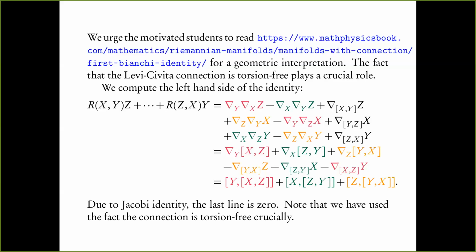However, we do want to work with the Levi-Civita connection because we also want metric compatibility, and by the fundamental theorem, there is only one such connection. Hence, the discussion that we're going to have will be focused on the Levi-Civita connection. But I wanted to point this out because sometimes you do work with other connections, and this will still be true.